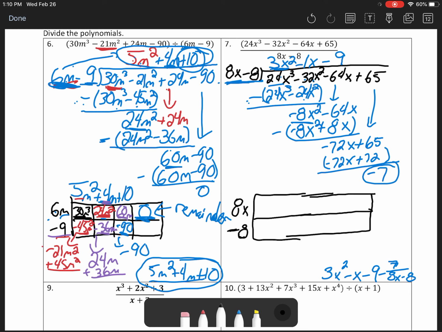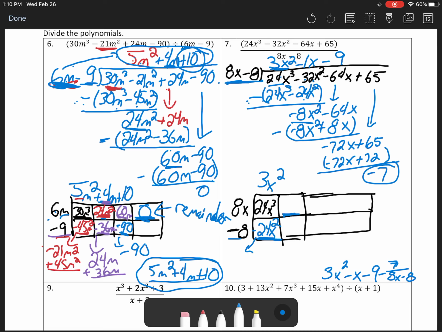8x minus 8. So this is going to be 24x cubed. So first thing you ask yourself, well, 8 times 3x squared is going to give me 24x cubed. Negative 8 times 3 is negative 24x squared. Okay, I know that these two boxes here, this one and this one, have to add to be my x squared term.